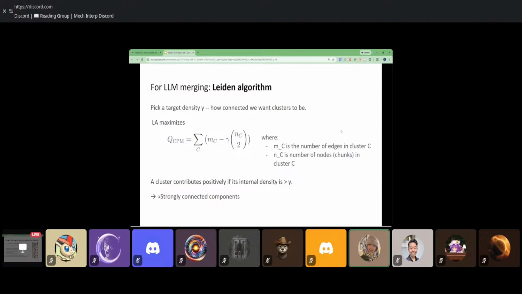Then you target this density gamma in this higher-level graph. You get connected components in which the density is sufficient, and all of those clusters get merged. We tuned these parameters by hand for each of these, with an example problem.